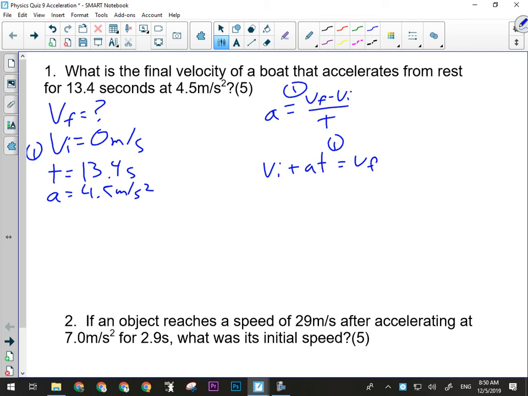Next mark is for plugging in the numbers. Again, they don't necessarily have to have the 0 here. We're looking at 4.5 times 13.4 to give us our VF. That'll be their 4th mark.